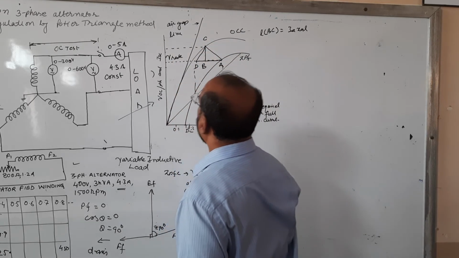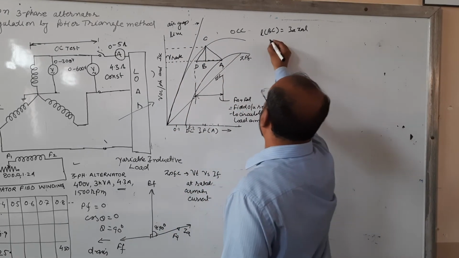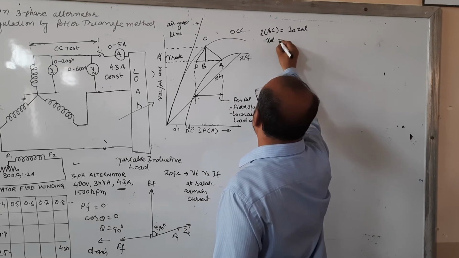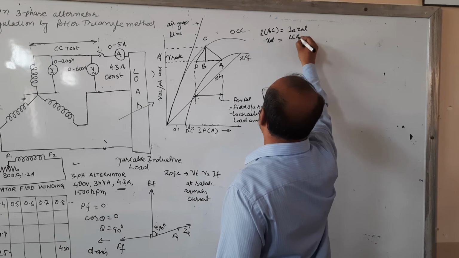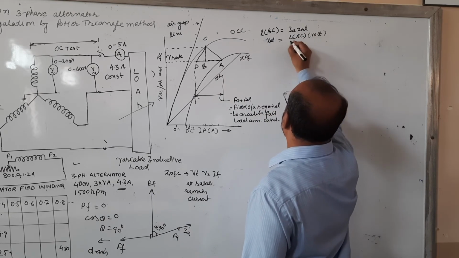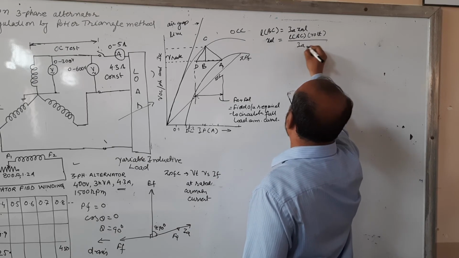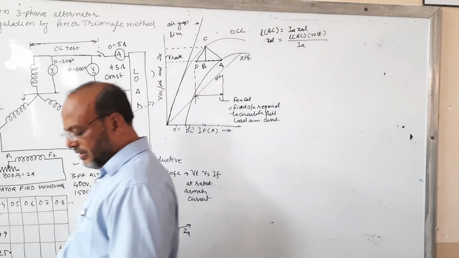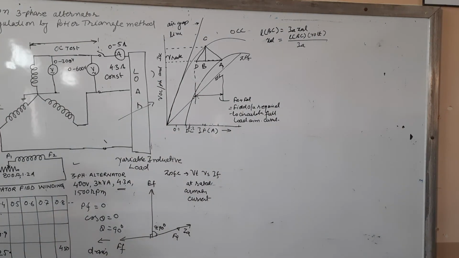Therefore we can find XAL, the leakage reactance, which is equal to length BC, measured in volt, divided by armature current, that is the rated armature current. So now XAL is found very easily.